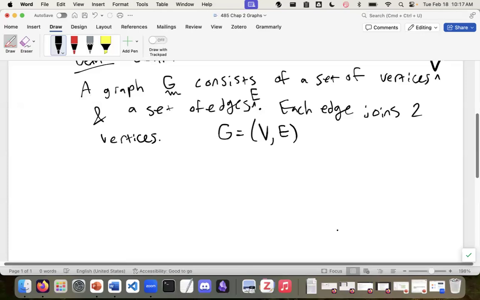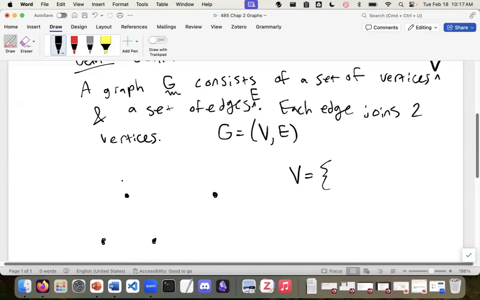Okay, so let's look at the graph that they've got in the book, where it starts off with something like this, where we've got 4 vertices, and we can write V as a set. Remember, we write sets with curly brackets.